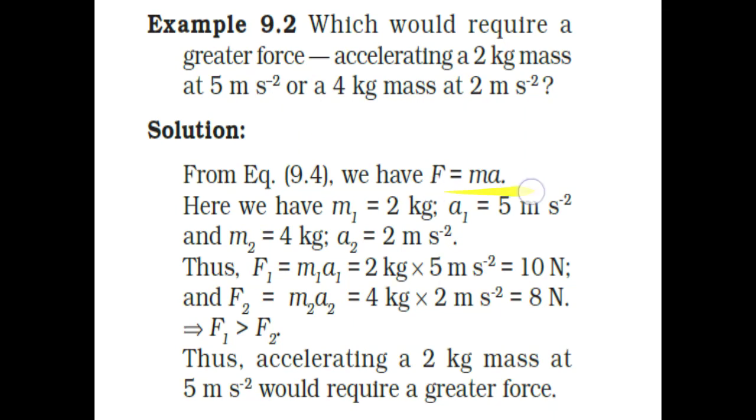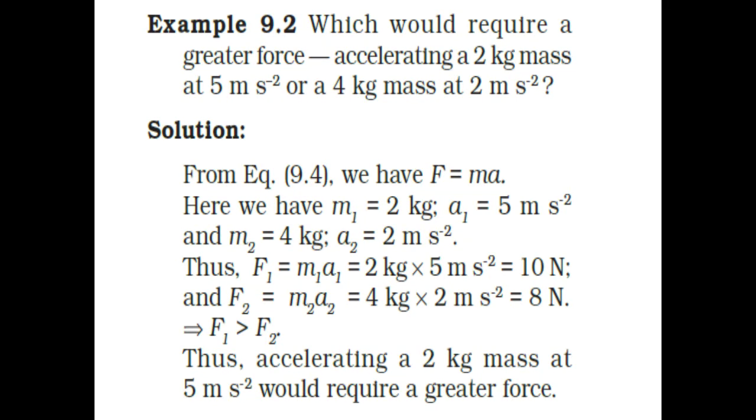The formula is F is equal to ma. So we will calculate force F1 using these values, that is 10 Newton. Another, m2 is 4 kg and acceleration is 2 meter per second square. Using these values we get F2 equal to 8 Newton. We can compare: F1 is greater than F2.